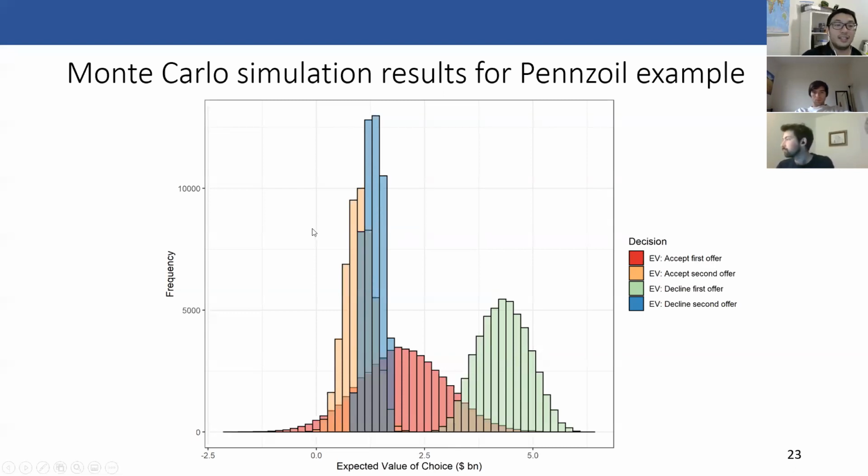And you can see that the qualitative decision-making process could be really different if the distributions look something like this, with the orange and the red, where there's a lot more overlap. You might say, oh, but if we get to the second offer, I'm a lot less certain about the expected value being better one way or the other.